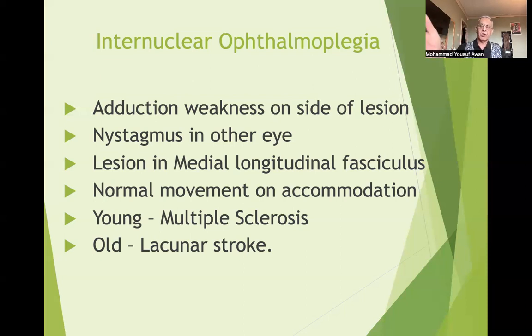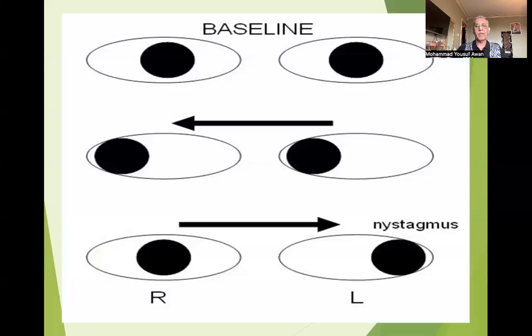The examiner will ask you to examine his eyes, and you find loss of adduction and nystagmus on the other side. If the patient is young, think of multiple sclerosis. If the patient is old, think of a stroke. This is the baseline, and the lateral movement on the opposite side is fine. So the right eye cannot adduct fully, and the left eye is abducting fully, but there will be nystagmus in the left eye.